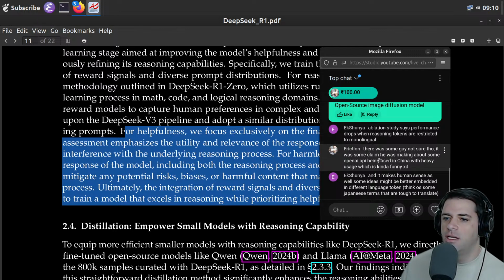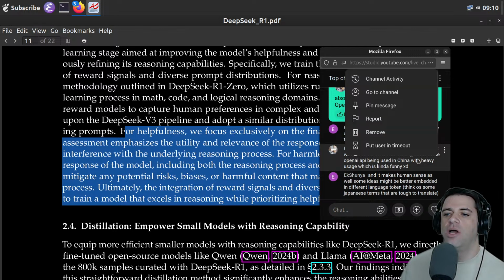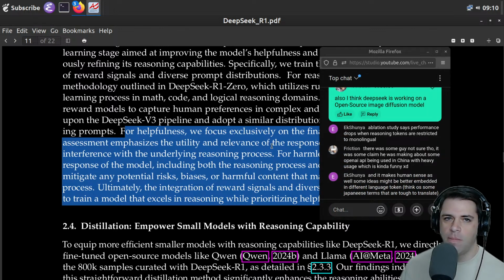There's some guy about some OpenAI API being used in China with heavy usage. Oh, I see what you're saying. So I assume by heavy usage you mean not just heavy personal usage, and not just heavy corporate usage, but noticeable in the logs.